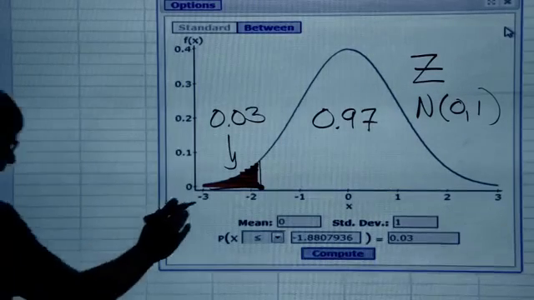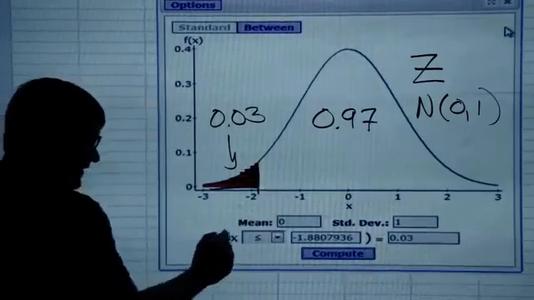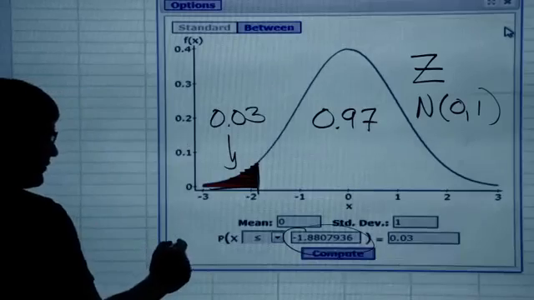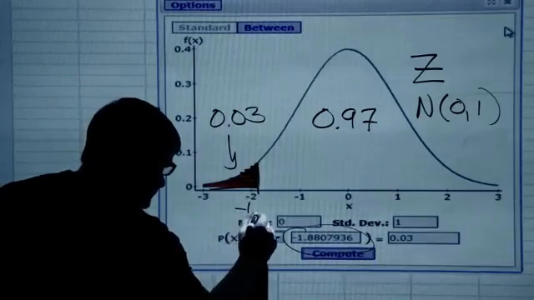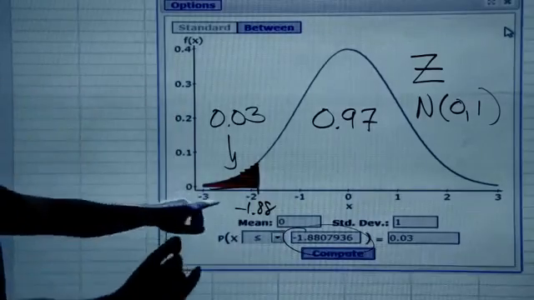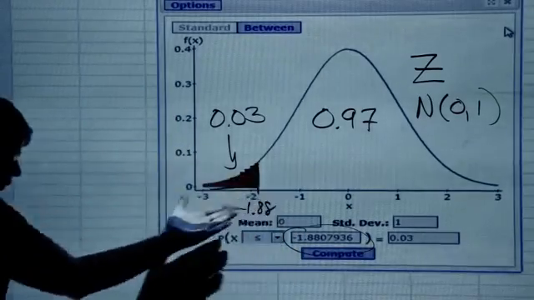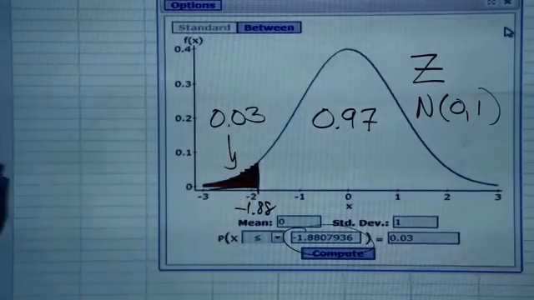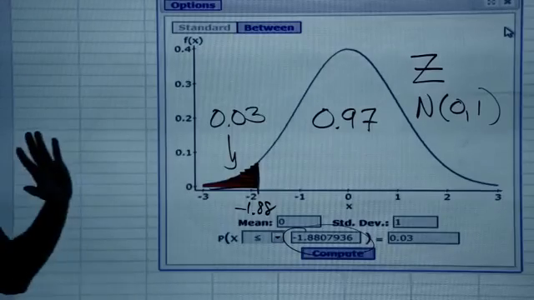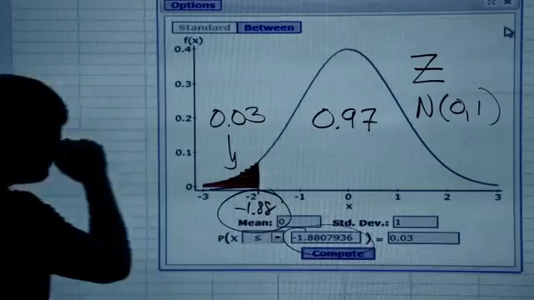That number right there, and you can see in your notes, it's a negative 1.88. That's the z-score. If I go negative 1.88 standard deviations away from the mean or below the mean, then 3% of the distribution is even below that, and 97% is above it. Okay, so that's the z-score.